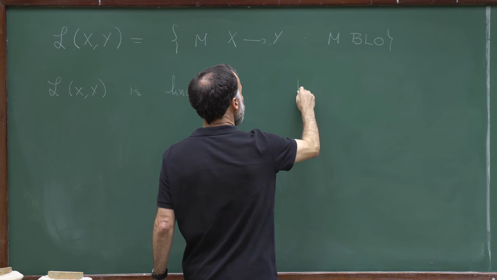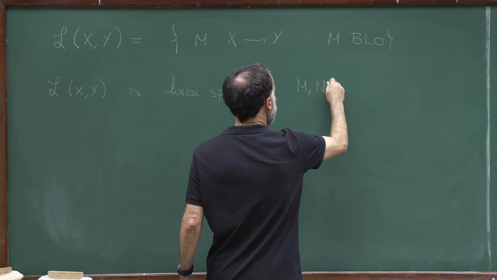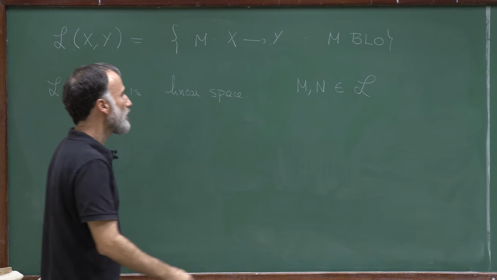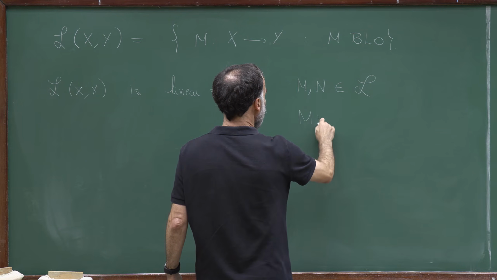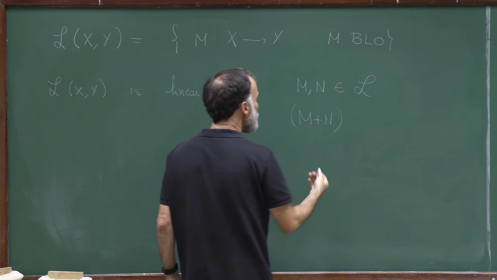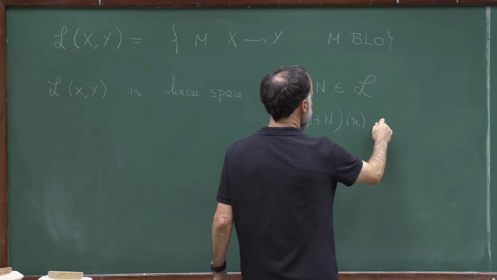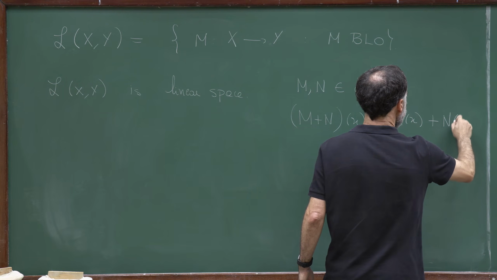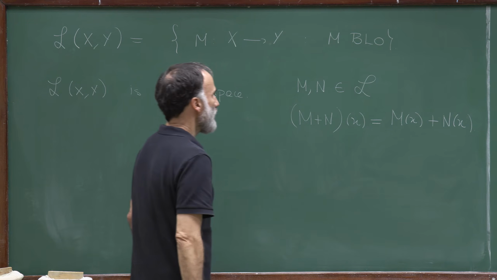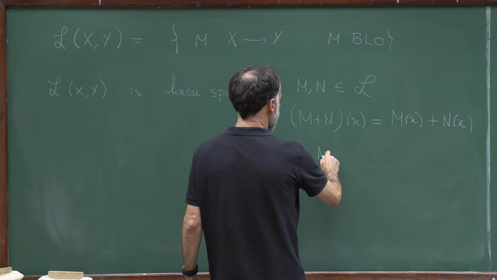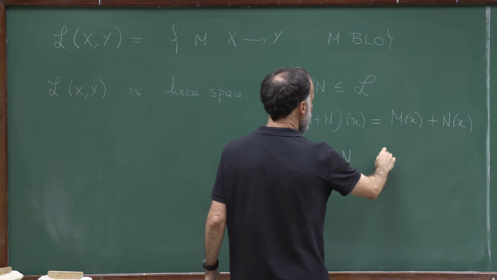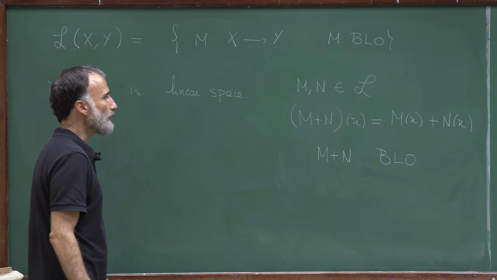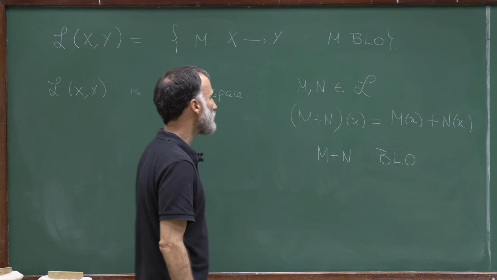So if I have M and N elements of L, I can define M plus N, which is a new operator, which applied to x is equal to M of x plus N of x. And I claim that M plus N is a bounded linear operator. And I leave it to you to show that indeed M plus N is a bounded linear operator.